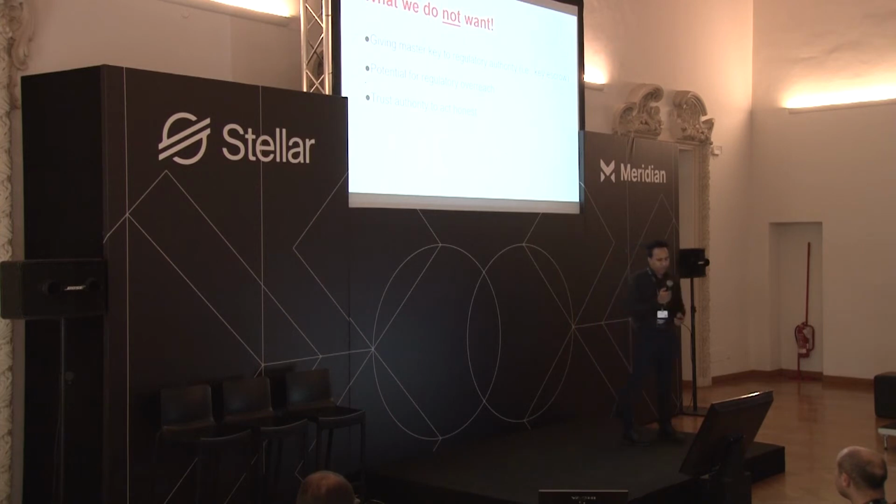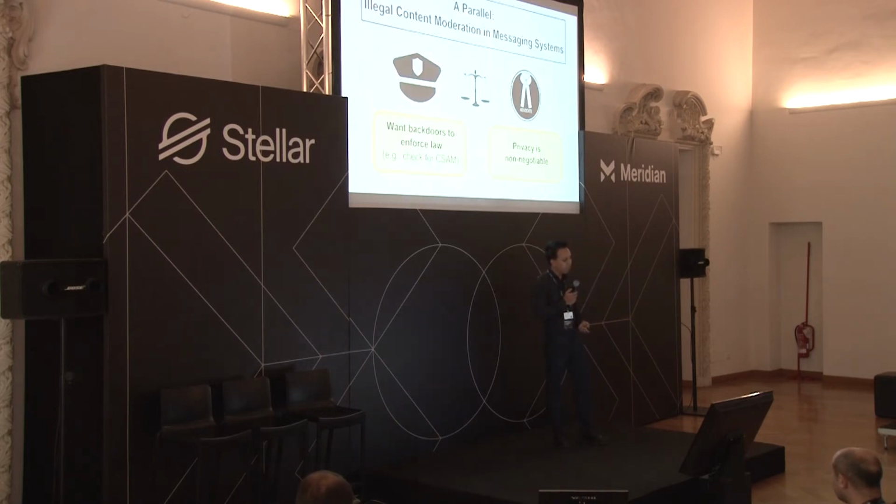Okay. So let me actually draw a parallel to a different setting which has a similar kind of tension. In the very different setting of secure messaging systems, people are currently concerned about the following.